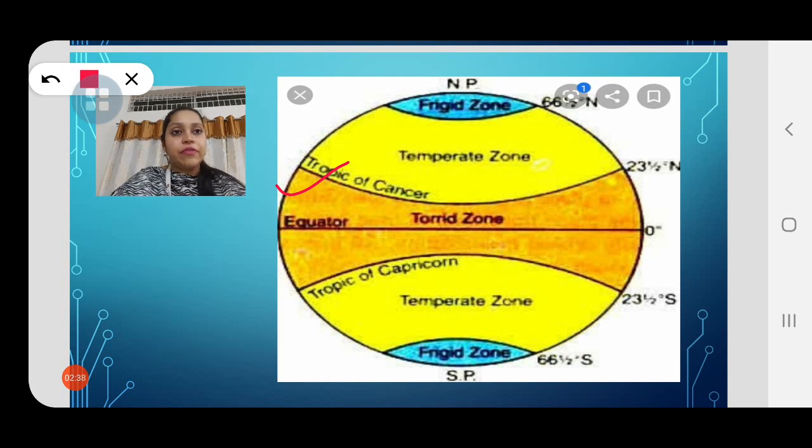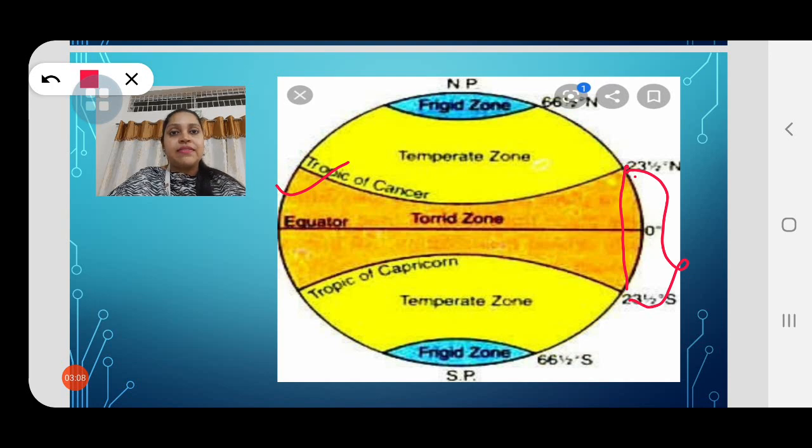The area from the Tropic of Cancer to the Tropic of Capricorn receives vertical rays of the sun, due to which this area is very hot throughout the year, and this area is called the Torrid Zone.